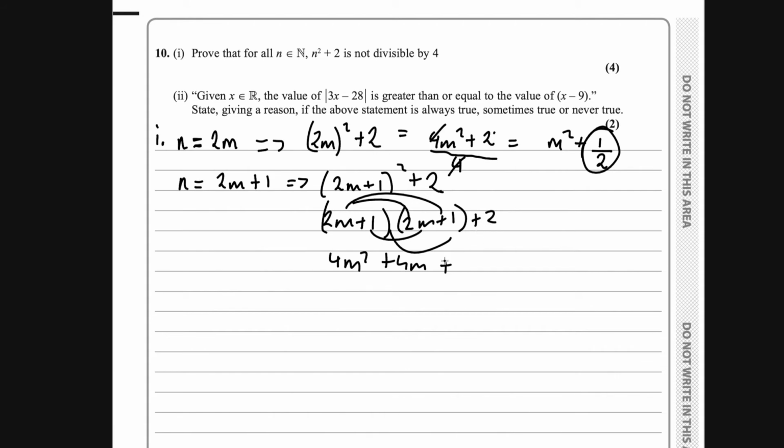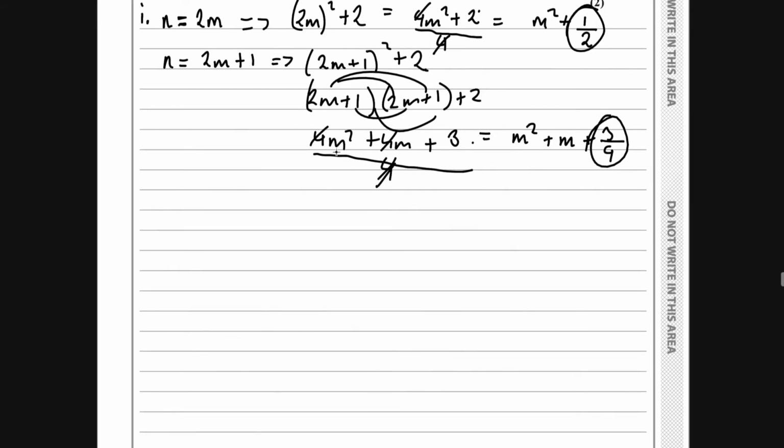Plus 1, plus 2, get plus 3. And I'm going to go ahead and try and divide this all by 4. And again, this divides nicely, this divides nicely, but this here, what we end up with is 3/4. So what we get is that there's a remainder of a half and 3/4 respectively for even and odd numbers.